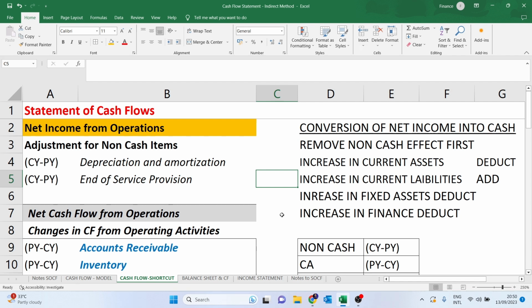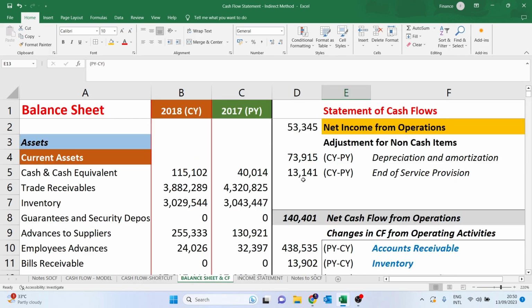So we are removing whatever is not connected to cash, converting the net income into cash. So the first step in preparing the cash flow is to remove non-cash effects. That is what we have done here.